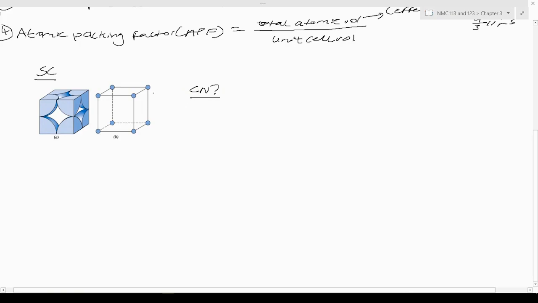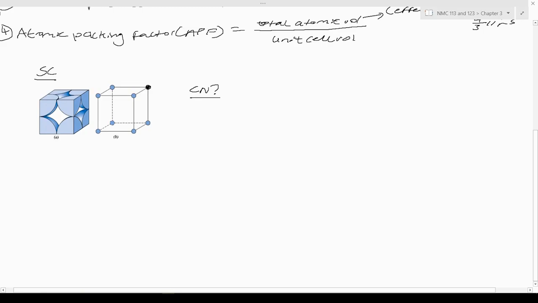In this unit cell, the first thing you do is choose a reference atom. You only have corner atoms, so you choose one of the corner atoms as your reference atom, and then you look for the nearest touching atoms. If you extend this unit cell, there are other surrounding unit cells, because a crystal structure is a combination of a number of unit cells.